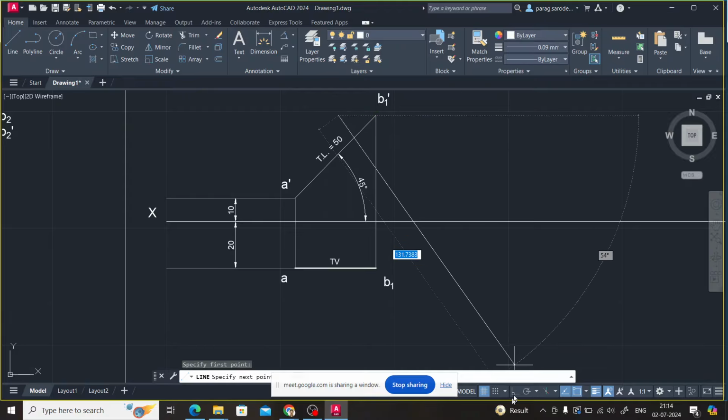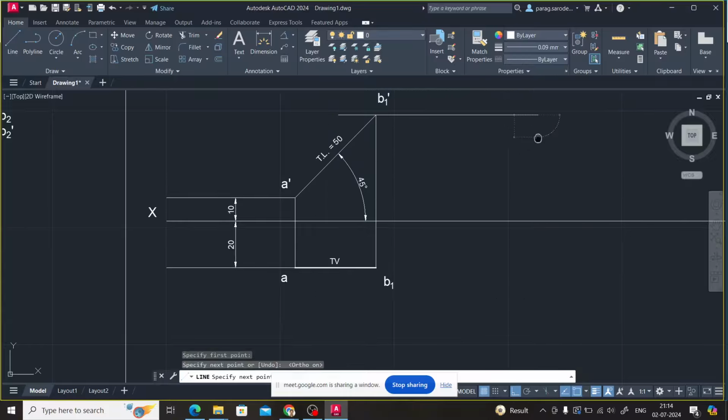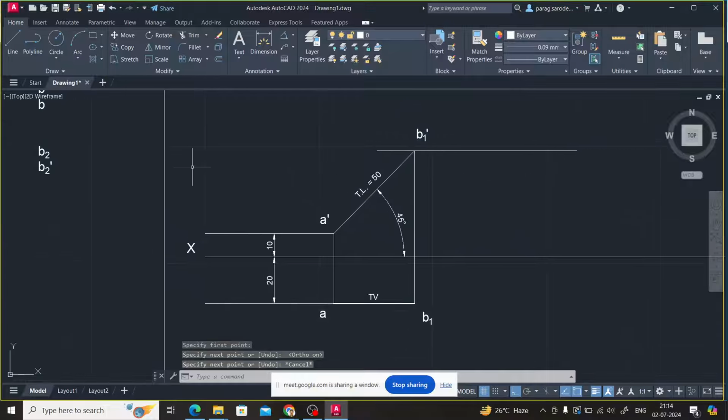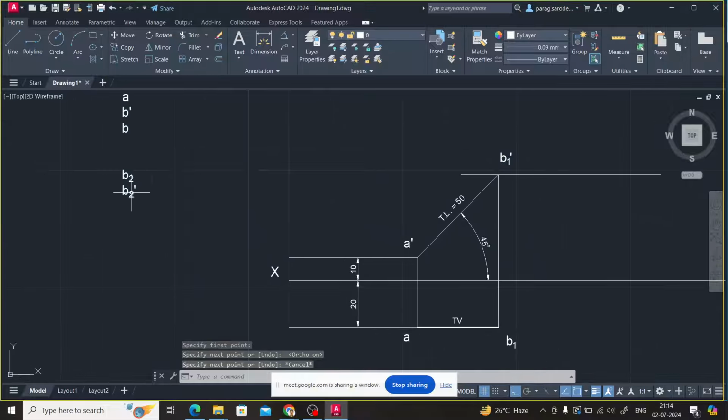So what I will suggest, whenever we are typing this, here itself you can write locus of B dash true length, and then you can drag and drop here. Are you getting this? So I will just copy this for a moment.